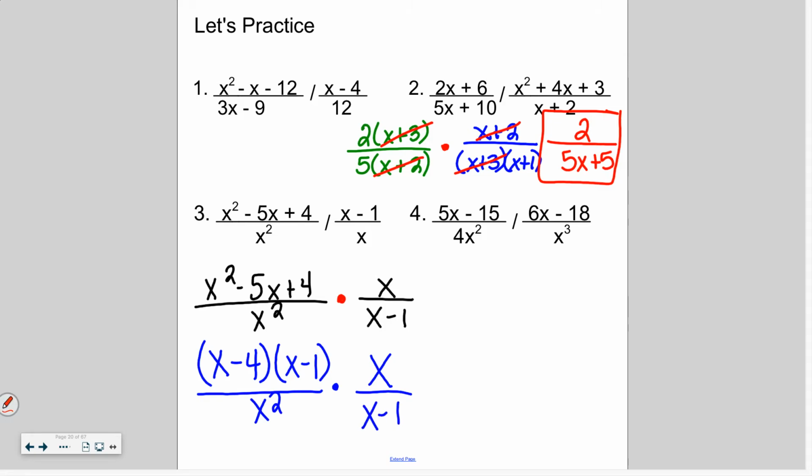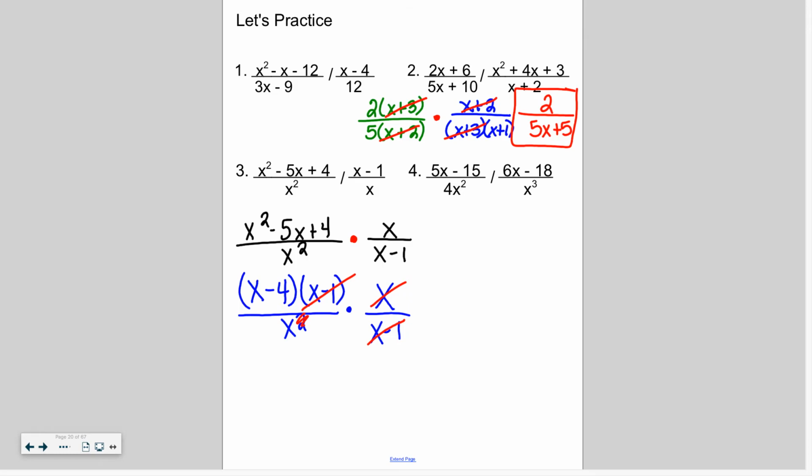Factor out what I can, or simplify out what I can. The x minus 1s are gone. I can get rid of that x. So I'm left with x minus 4 over x. Right?